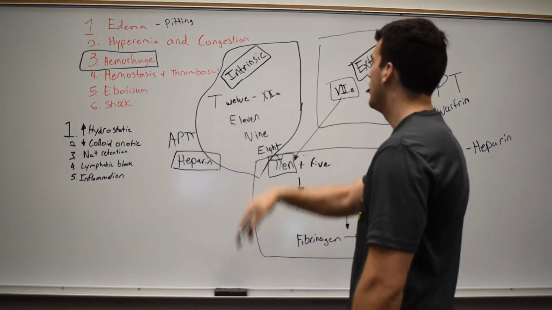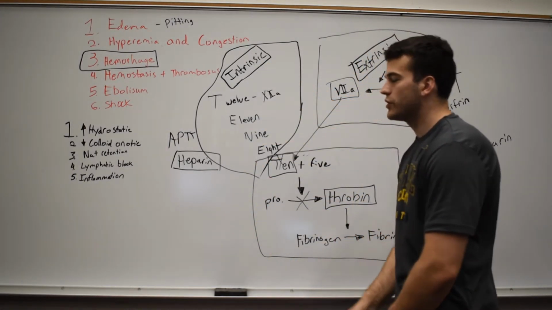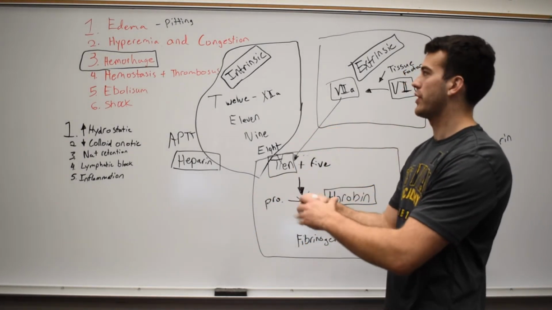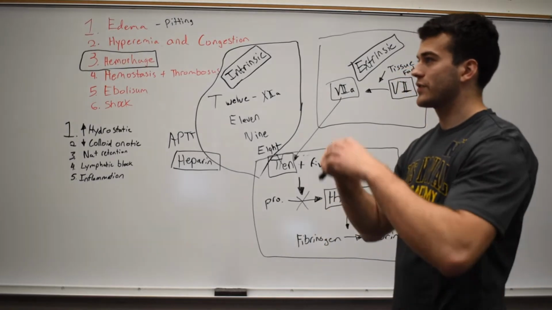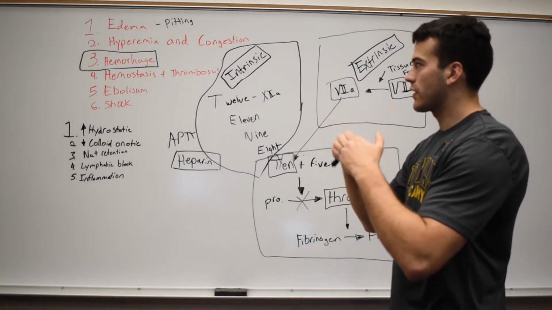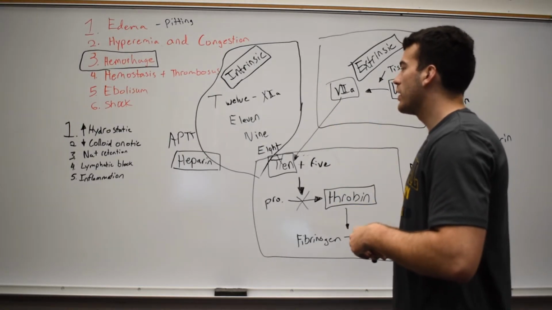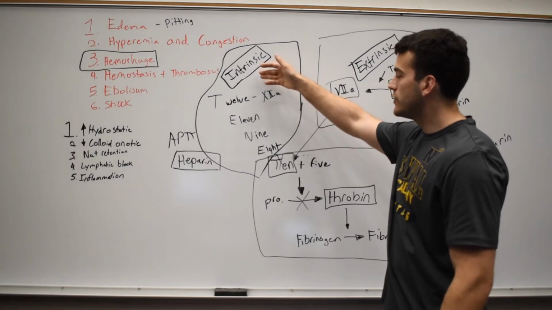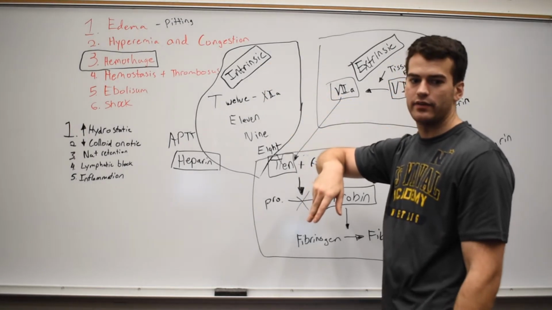One example of this would be the shear stresses on your vessels. If you have high blood pressure, your vessels are going to undergo a lot of shear stress, and they could have little nicks or cuts in them. And that's going to expose the factors that are necessary to activate this clotting cascade.